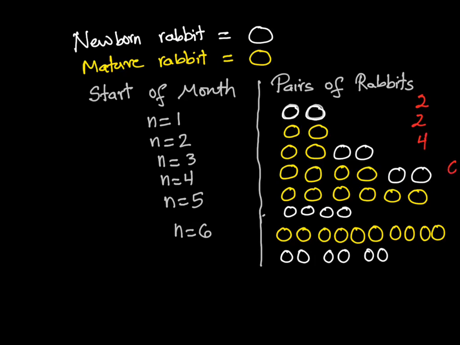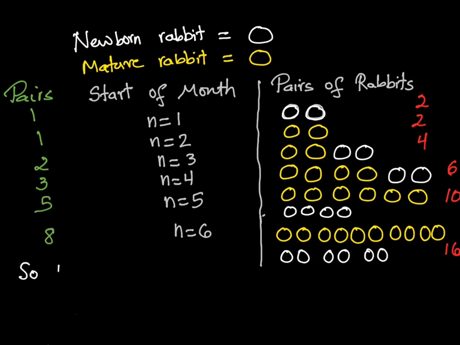So if you count here, I'm going to count the number of rabbits. I have 2 rabbits, 2 rabbits, then 4, 6, 10, 16. And if I were to write down how many pairs, I have 1 pair, 1 pair, then 2, 3, 5, and then 8.